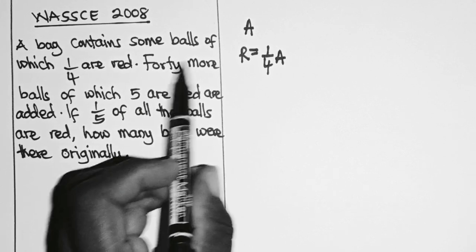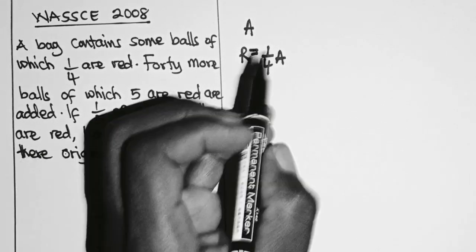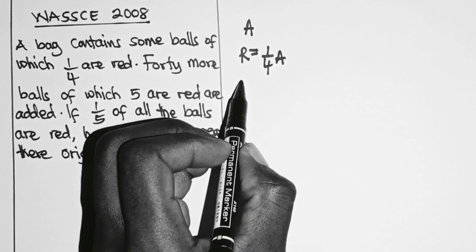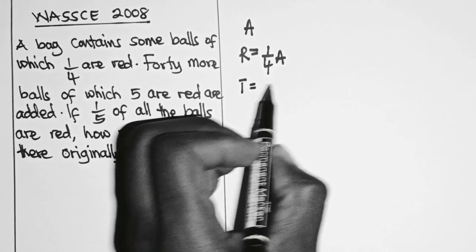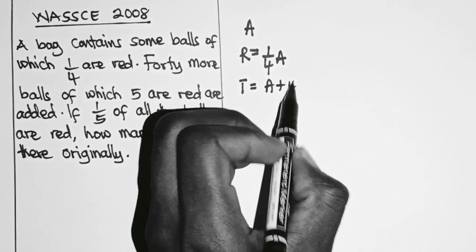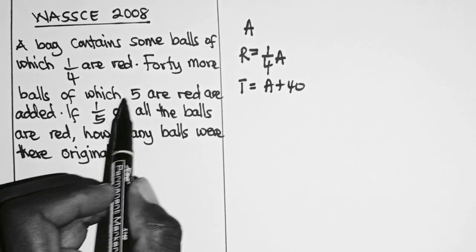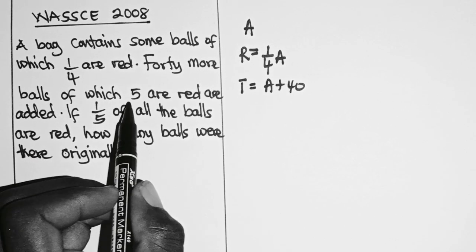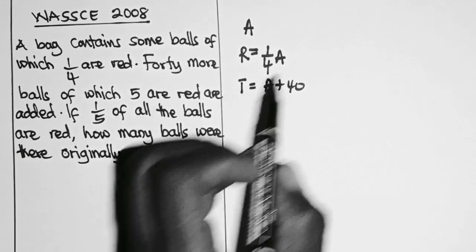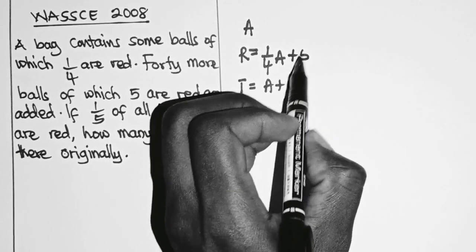And he says that 40 more balls are added. So if 40 more balls are added, it means that the total number of balls becomes A plus 40. But then he says that of all the 40 more that were added, 5 are red. So the number of red balls will increase by 5.